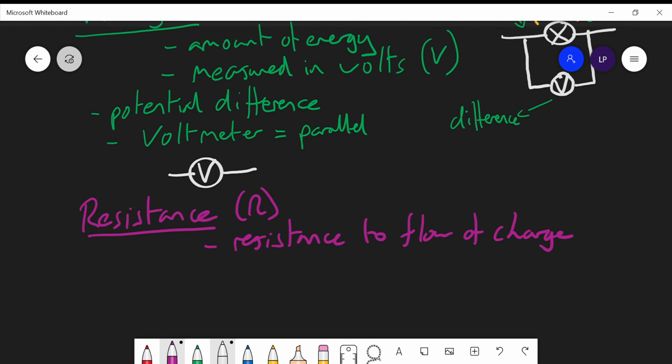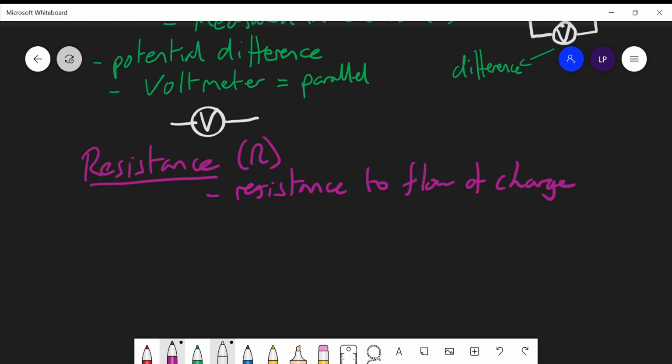Represented by the letter R. So energy is required to pass through any given component. And that will be its resistance.